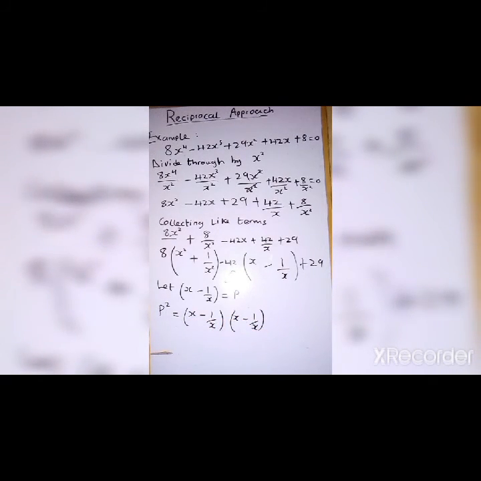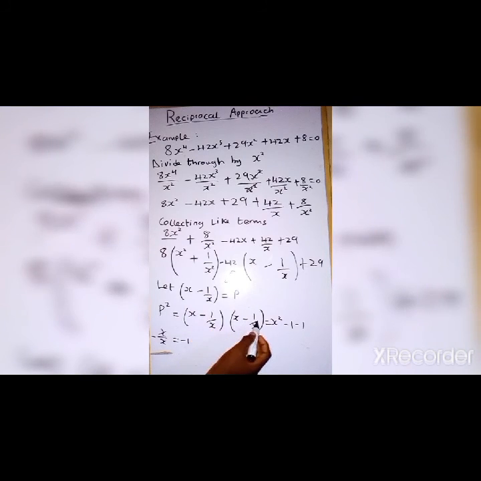By expanding this, we have x times x, we have x squared. We have x times minus 1 over x, that is minus 1. Minus 1 over x times x, we also have minus 1.